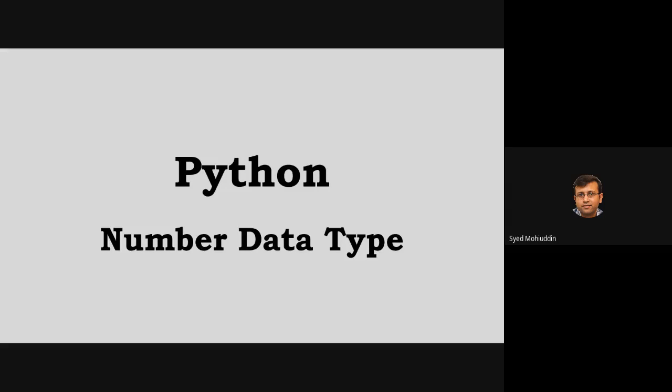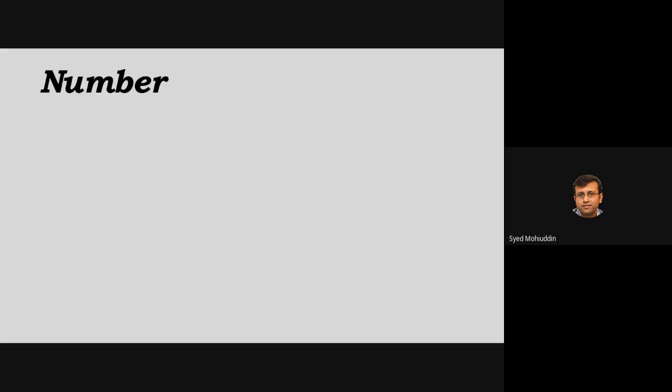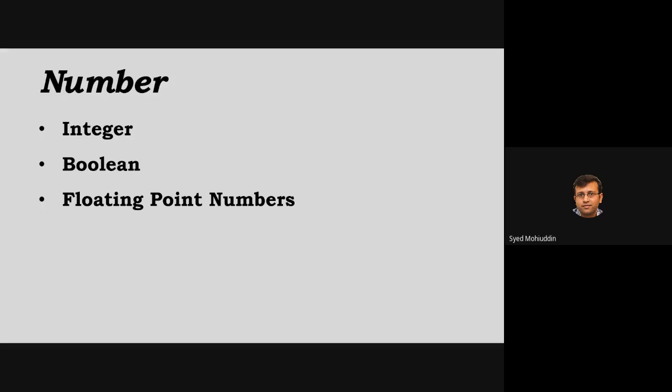A number is a type; we can call any object created of the type number. Number handles integers, floating point numbers, as well as complex numbers. Boolean is a different data type itself, but integer, floating point and complex numbers form a part of number.